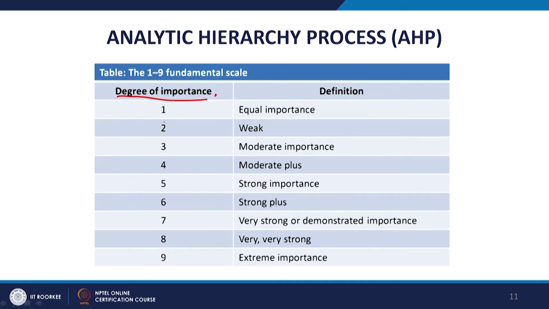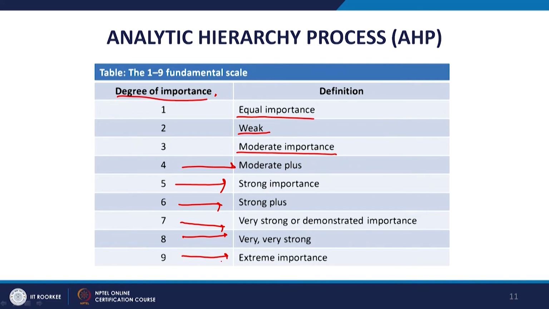Here you can see 1, 2, 3 up to 9. 1 indicates equal importance. 2 indicates weak importance, 3 moderate importance, 4 moderate plus, 5 strong importance, 6 strong plus, 7 very strong or demonstrated importance, 8 very strong, and 9 extreme importance.